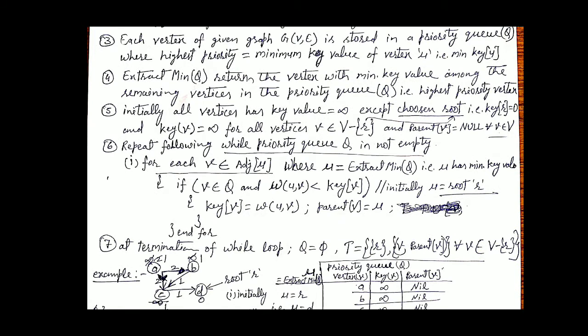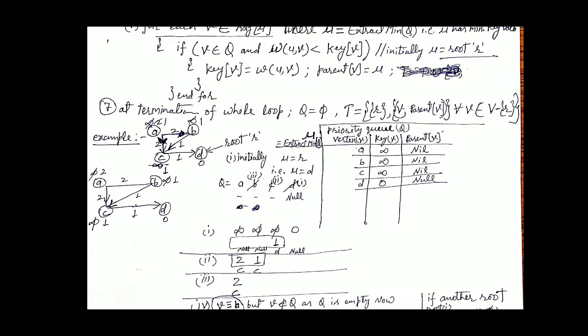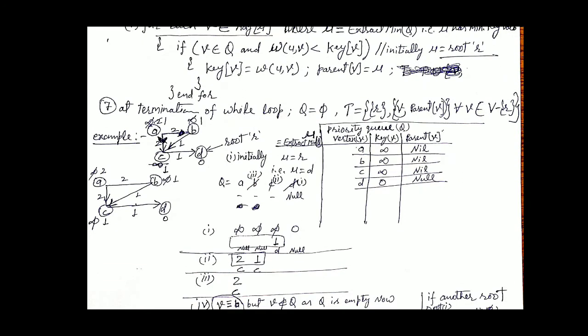Then we will repeat this step 6 while the priority queue is not empty. For each adjacent vertex of u, whenever we have chosen a vertex u by using extract min Q, the extract min Q function will give you the minimum key value vertex from the priority queue.